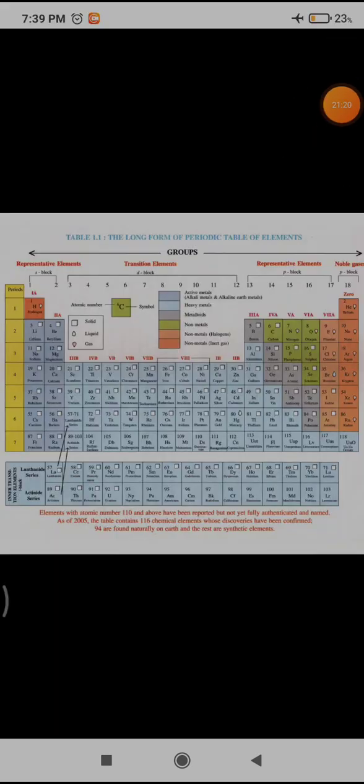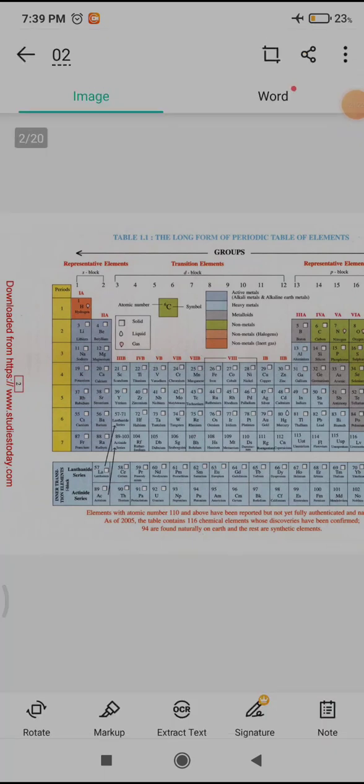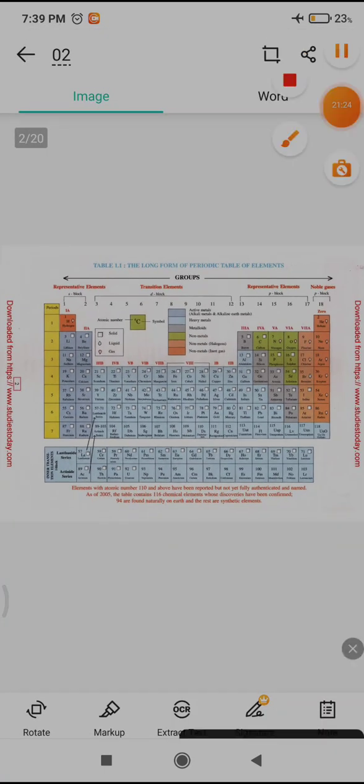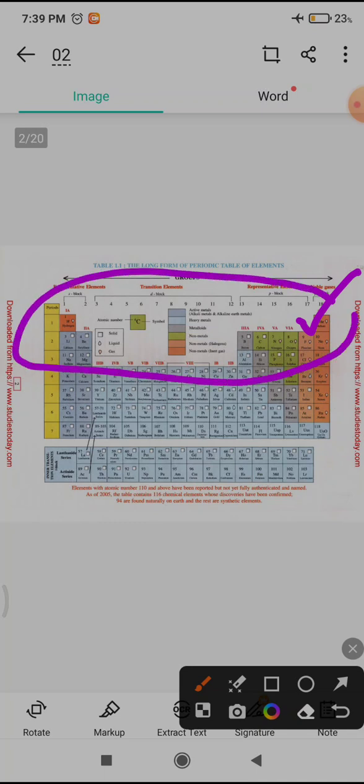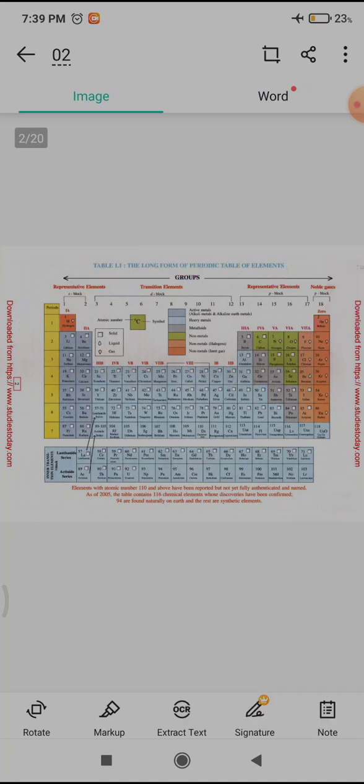See, fluorine is here, and just now I told you the most reactive metals and non-metals will be at the top of the periodic table. So this side your metals and this side your non-metals. The top ones are called the highly reactive metals and non-metals.